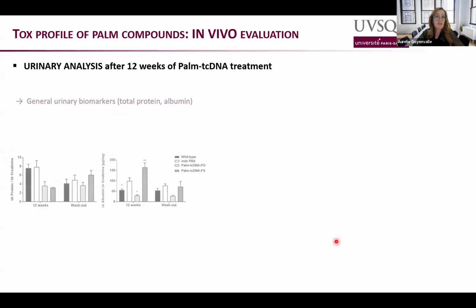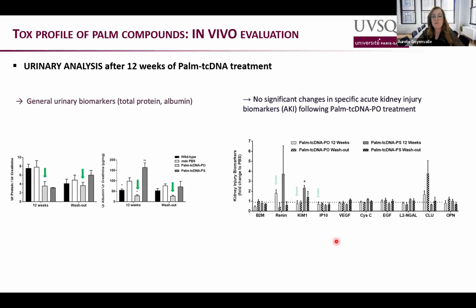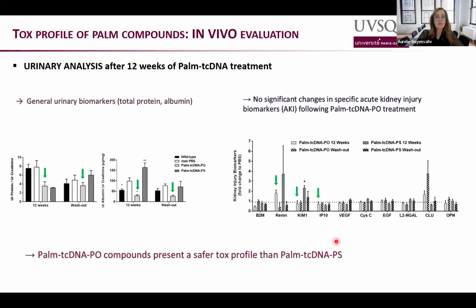But what about the urinary analysis that we had seen elevated with PS before? So here, for the general urinary biomarkers like total protein or albumin, there was no elevation as opposed to the PALM PS. And again, in the specific acute kidney injury biomarkers, this time, even after 3 months of treatment, there was no elevation.